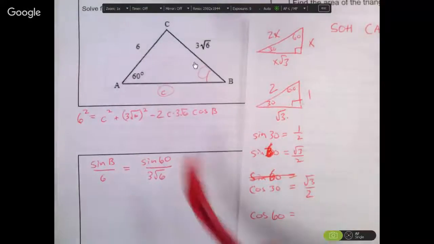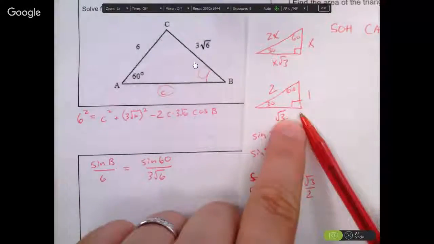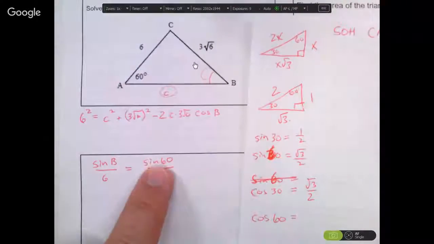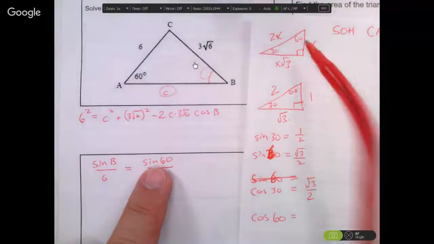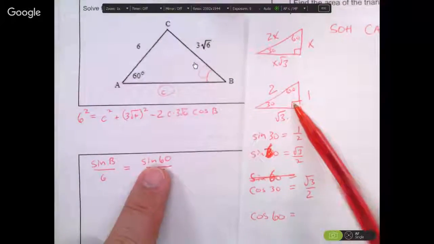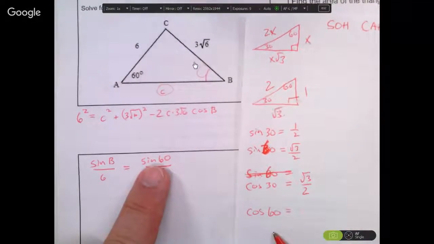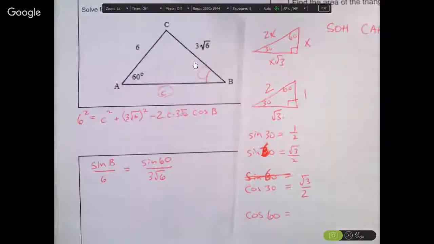So yes, we can't use this rule or this rule in this triangle, but the sine of 60 is equal to the sine of 60 no matter what. So we're using this triangle to figure out the sine of 30, the sine of 60, cosine of 30, cosine of 60. Because the sine of 30 equals a number.